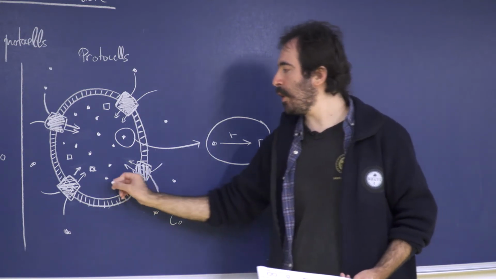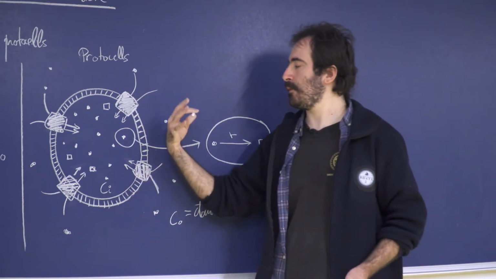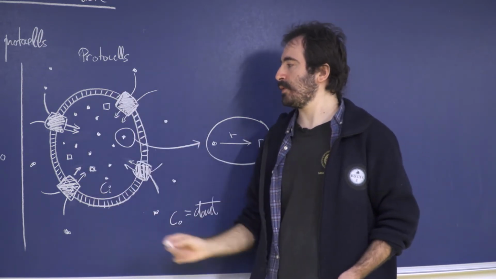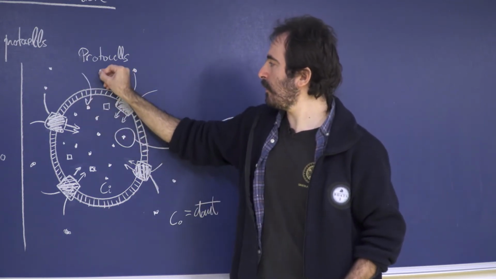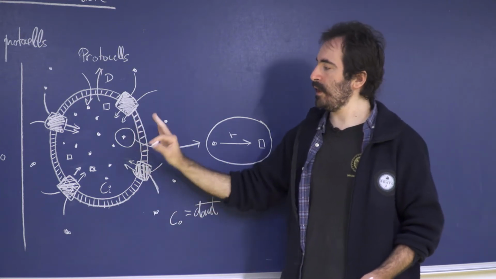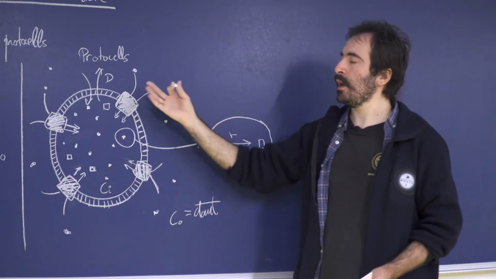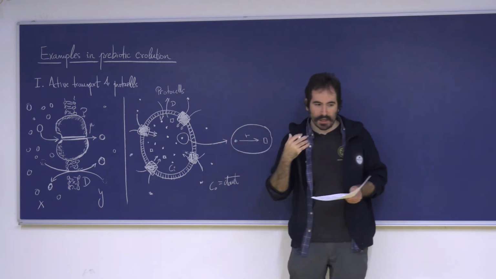In particular, we could denote the concentration of these elements C sub i, for the concentration of the inside of this protocell, right? We could also allow for diffusion, passive diffusion, to occur between the inside of the cell and the outside with some constant D for the diffusive part. But we can even think further, right?